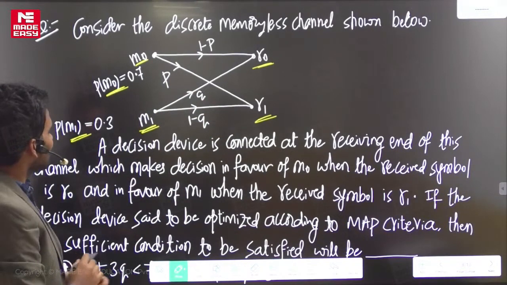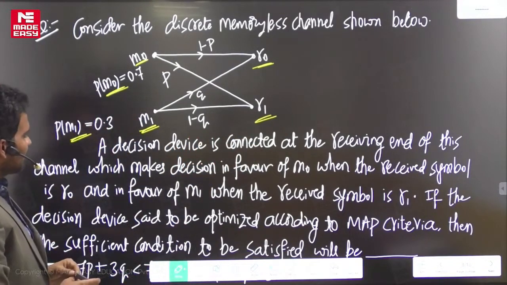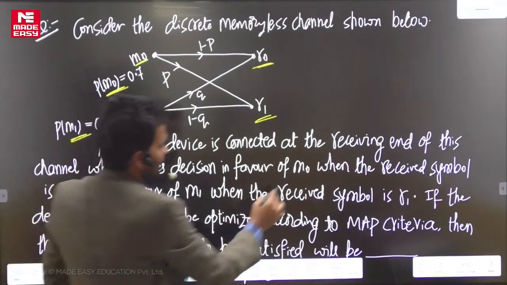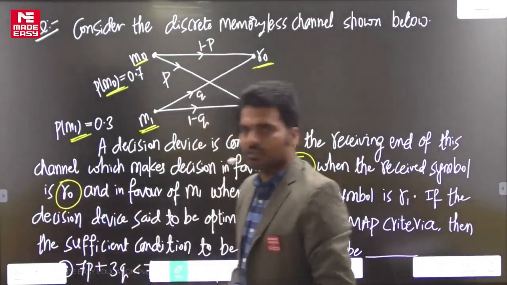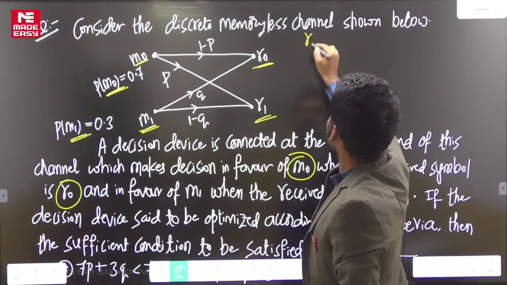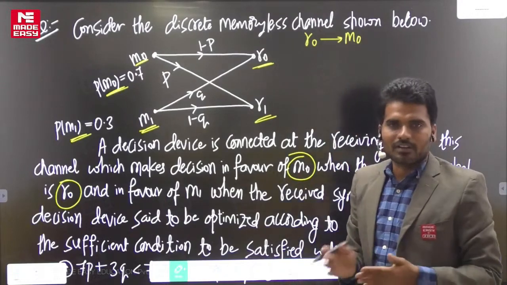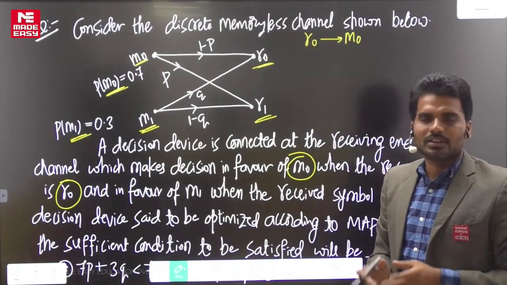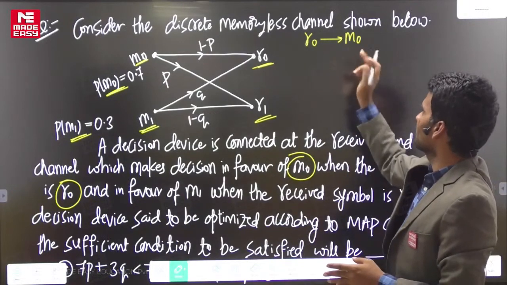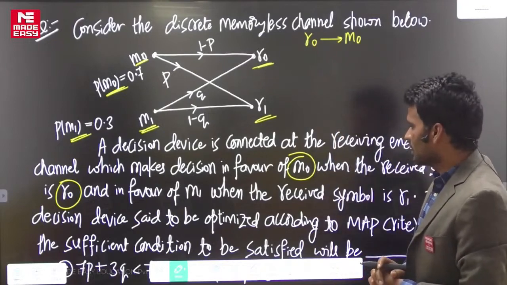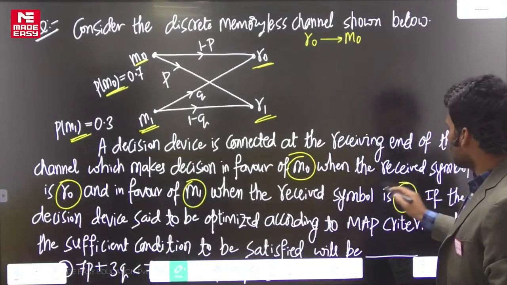A decision device is connected at the receiving end of this channel, which makes a decision in favor of M0 when the received symbol is R0. So if the received symbol is R0, then the decision is taken in favor of M0. If R0 is received at the receiver side, the decision device will make the decision in favor of M0, and in favor of M1 when the received symbol is R1.